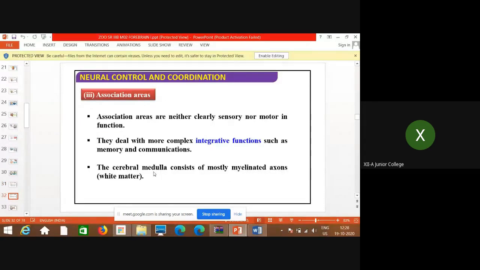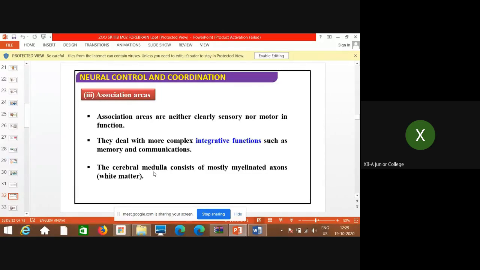Association area. Association areas are neither clearly sensory nor motor in function, but they deal with more complex integrative functions such as memory and communications. The cerebral medulla consists of mostly myelinated axons, that is white matter.